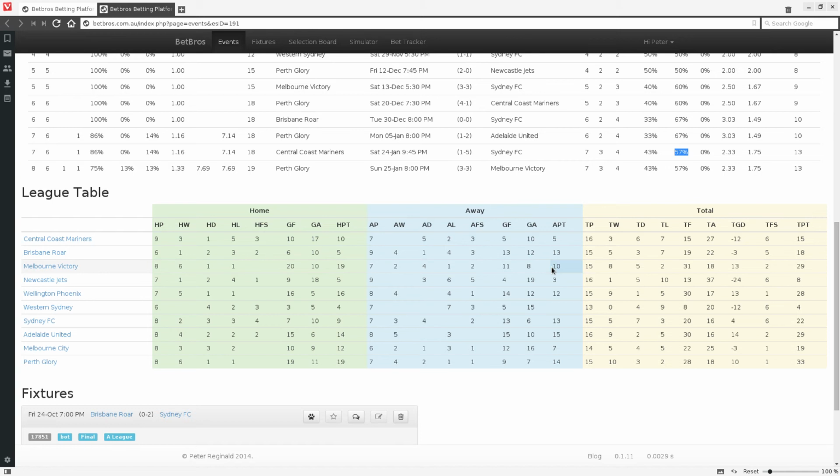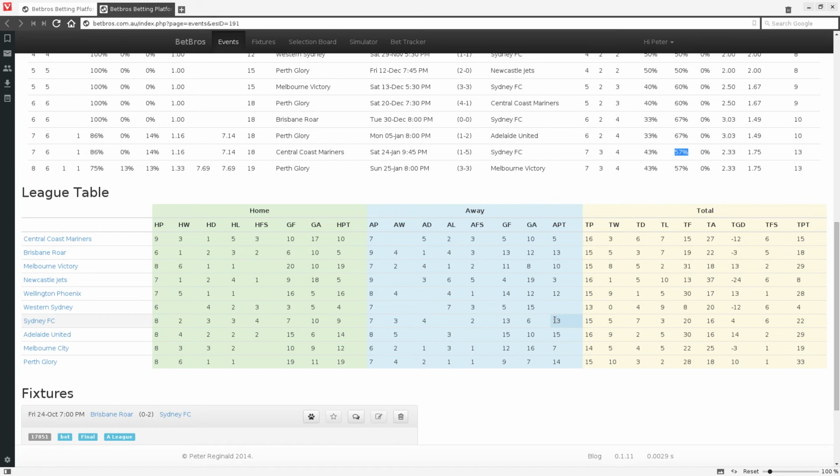So if you were to compare Melbourne Victory's away and Sydney FC's away, very similar. Interesting. 13 away points for Melbourne Victory, and Sydney FC also 13.